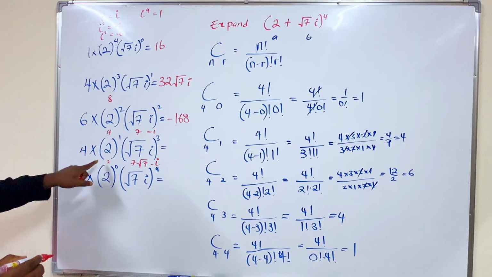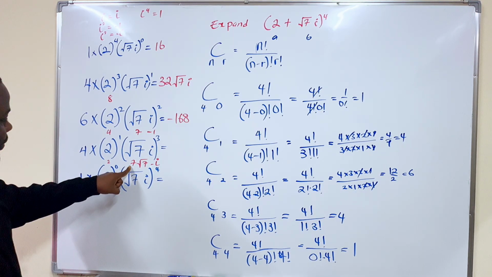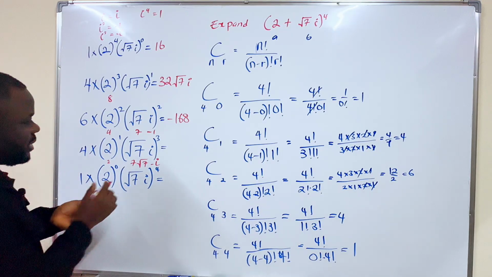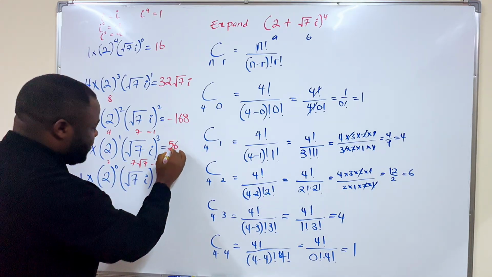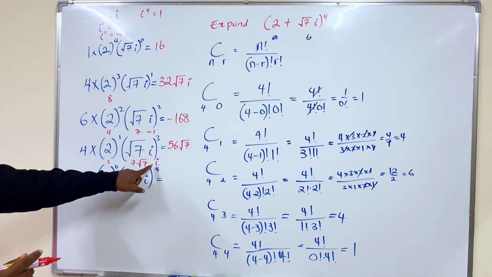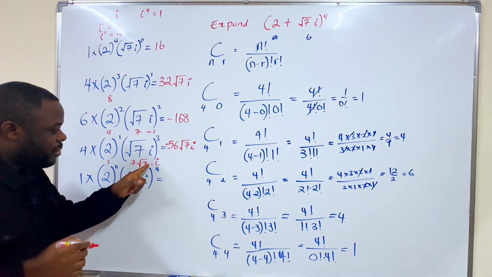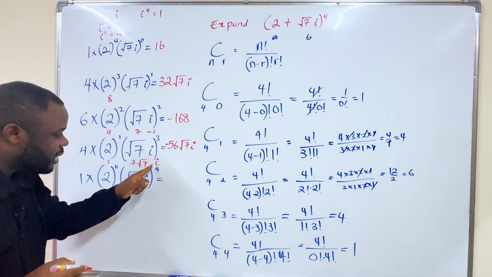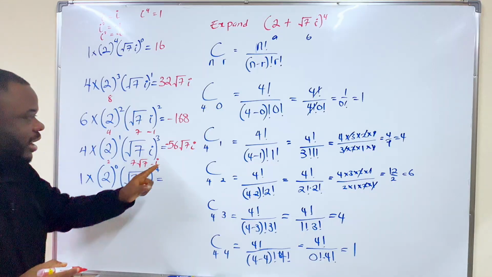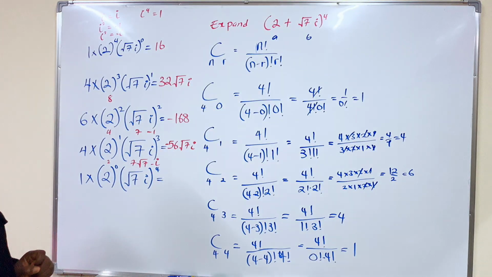So when I say 4 times 2 is 8, 8 multiplied by 7 will give us 56. So it will now be 56 square root of 7, right? So we now have negative here. So we have negative i, right? Because i cubed is the same thing as negative i. So that negative, you bring it in front of this and you will get this imaginary number.